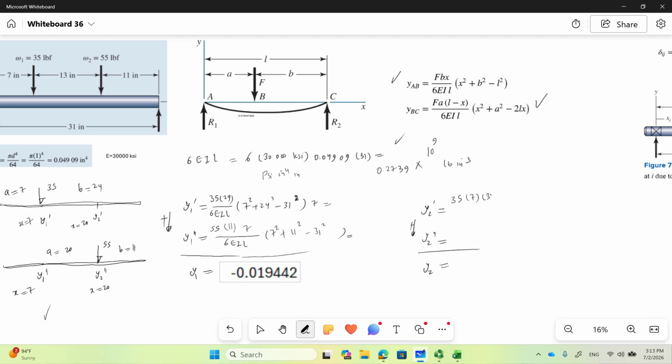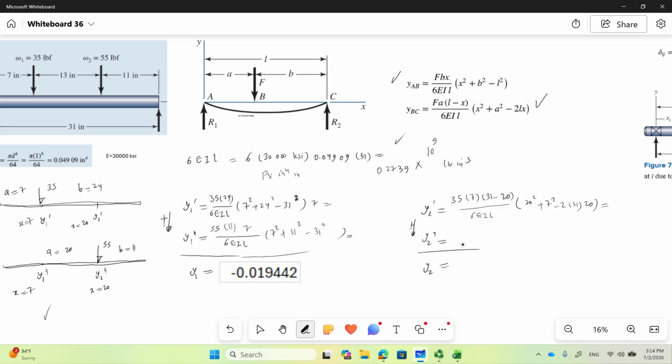Then you have 31 minus, at this point, x is 20, divided by 6EIL, and then I have x is 20, plus a, okay, for this one, at this point, a is still the same, 7 squared minus 2 times 31, and then x at that point is 20.